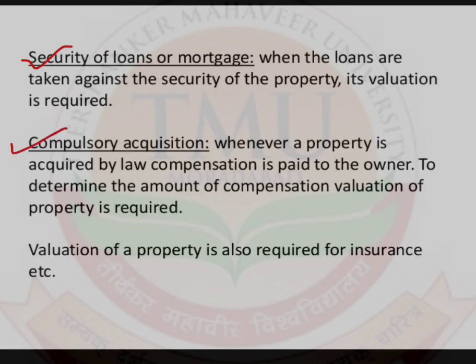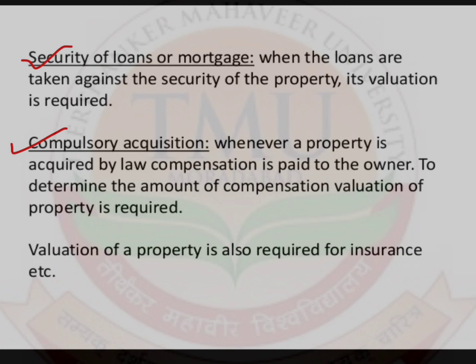Then compulsory acquisition. Now, whenever a property is acquired by law, compensation is paid to the owner. Now there are cases, suppose we are having highway projects and we want to broaden the highway, we want to convert the 4-lane highway to 6-lane, then we require more space.